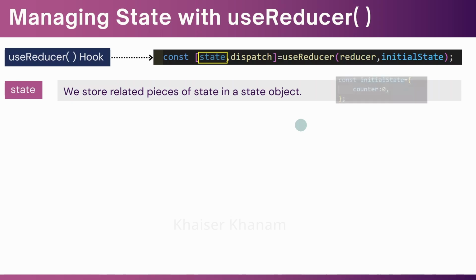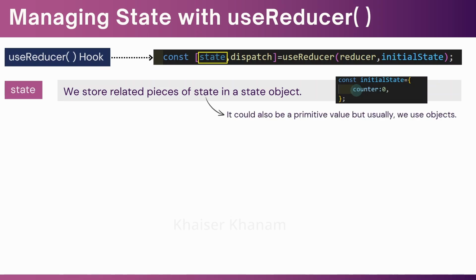Inside this state we are going to store related pieces of state in a state object, and this is the example. Inside this initial state object we have given one property, counter, and for that we have assigned the value 0. For this state, you can either pass a primitive value or an object. But mostly, whenever we are working in a complex application, we pass an object.